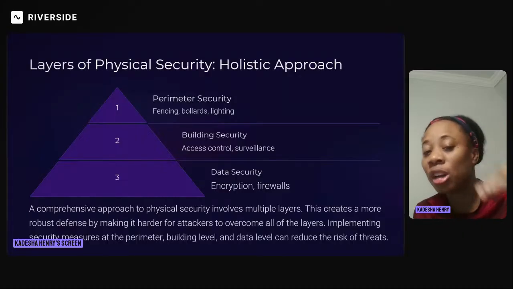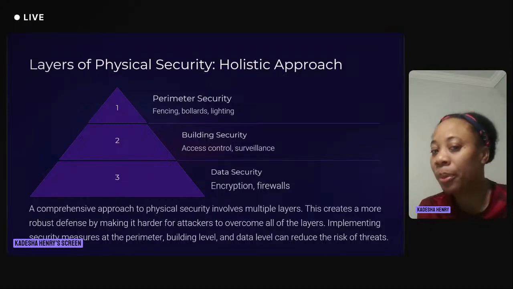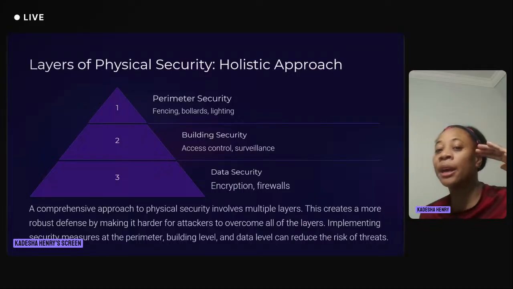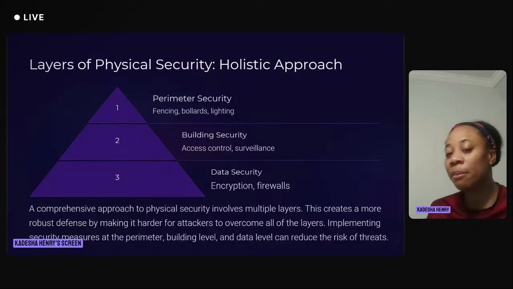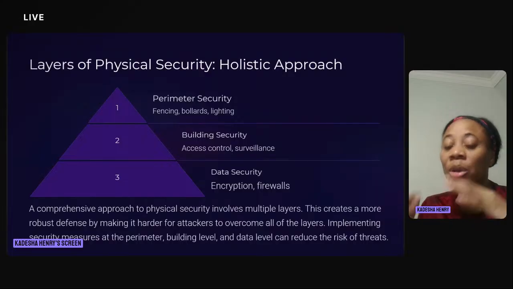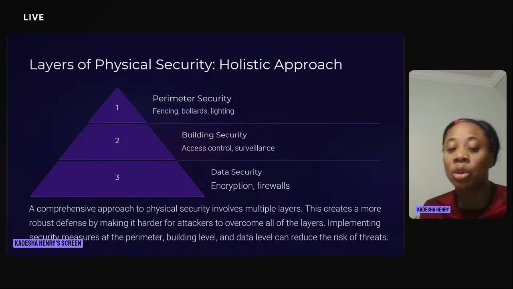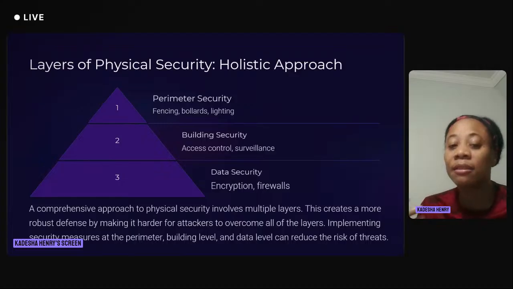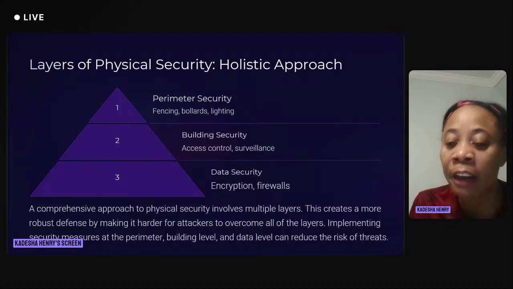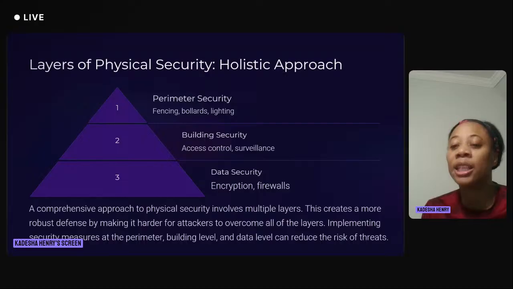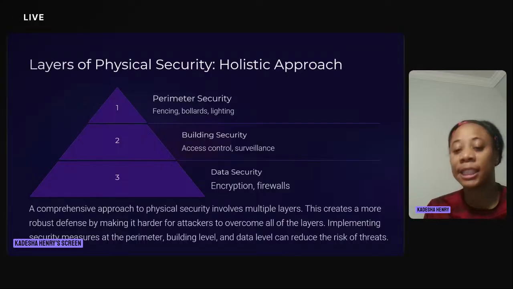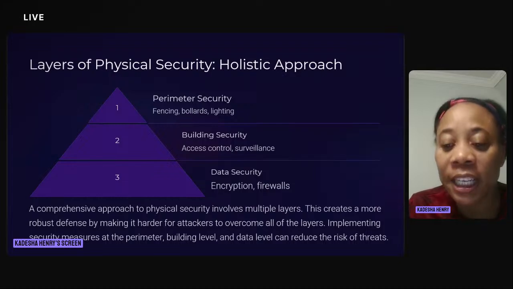What we just dealt with really is the perimeter security, which is the fencing, the bollards, and the lighting, and then the building security, which is the access control and the surveillance, right? A comprehensive approach to physical security involves multiple layers. This creates a more robust defense by making it harder for attackers to overcome all of the layers.